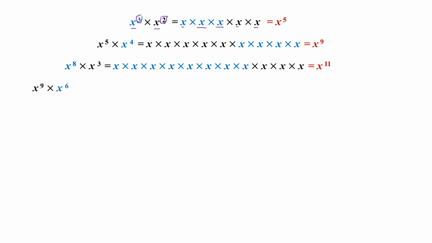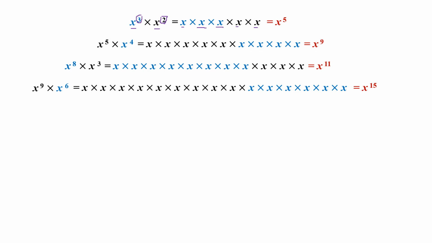Let's move on to this one, x to the power 9 by x to the power 6. We have 9 black x's and 6 blue x's multiplying each other. If we count them all together, we find that they are 15. So the final answer is x to the power 15.